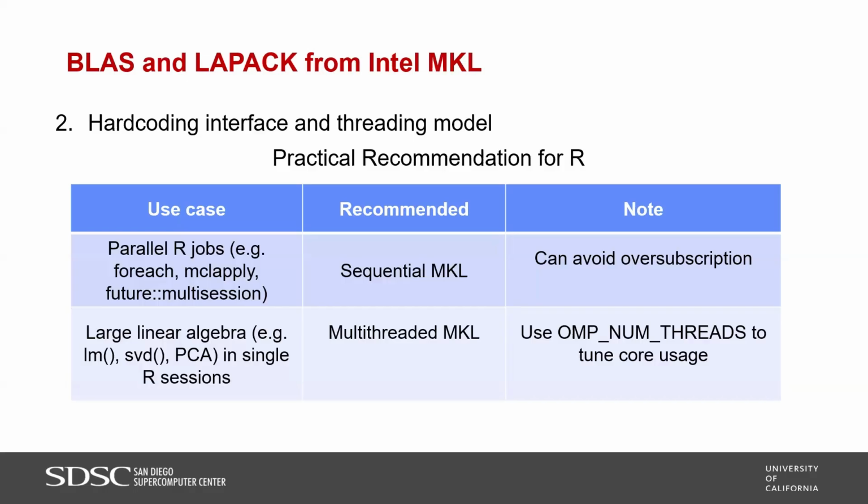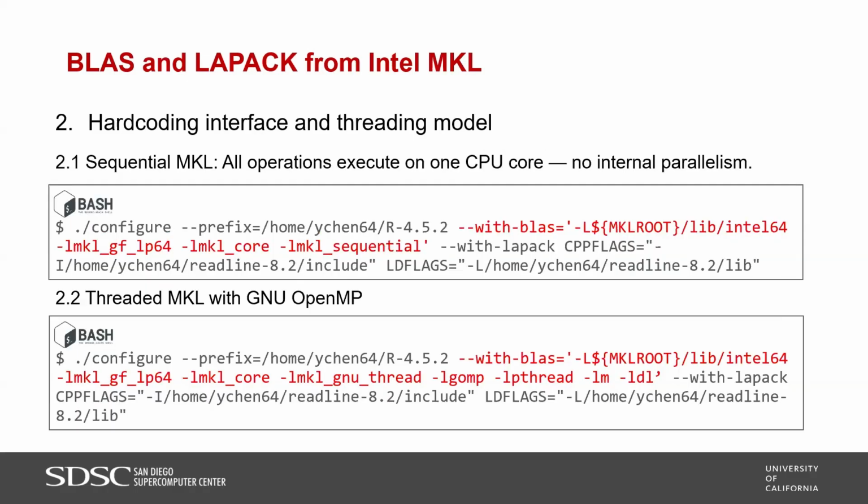If you are doing large linear algebra, like linear regression functions or PCA functions, very frequently in the R session, maybe you need to build a multi-threaded R, because those functions can be run in parallel automatically once you build R. And here are the two config lines to build the sequential MKL supported R and the threaded MKL supported R.